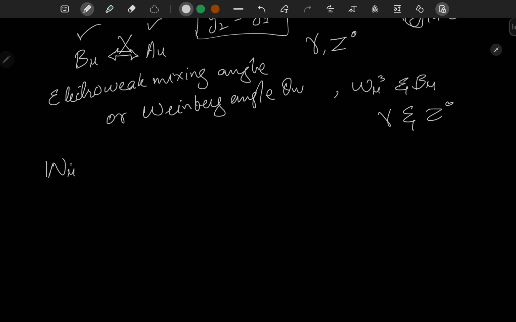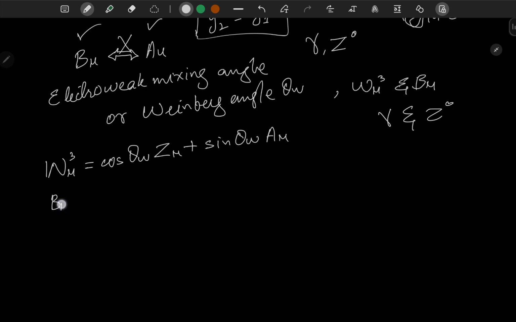According to electroweak unification, W mu 3 is the superposition of Z mu and sine and A mu, and theta W here is the Weinberg angle or the mixing angle, which we can find experimentally.